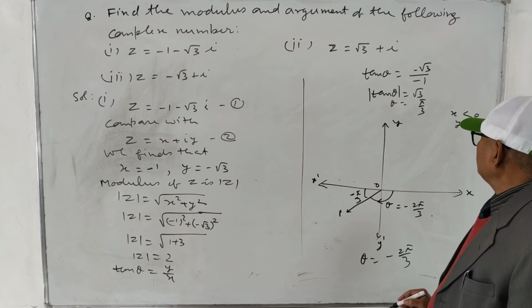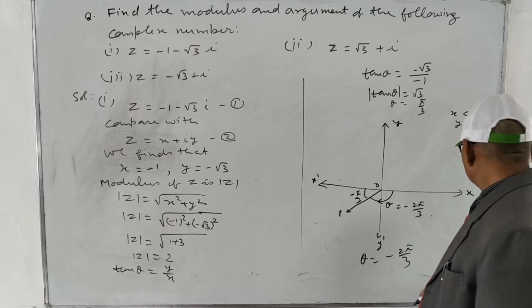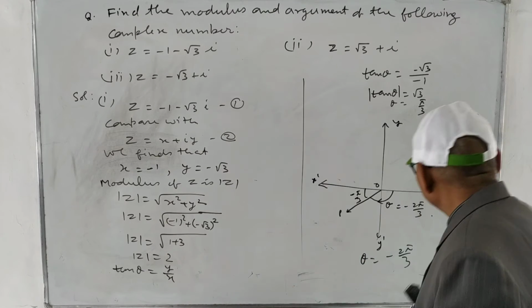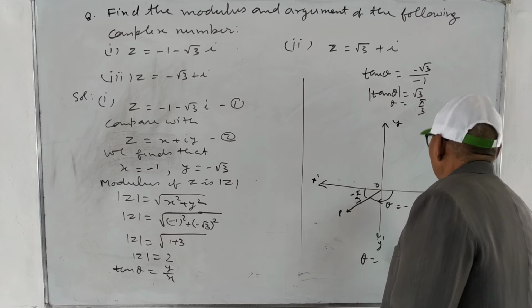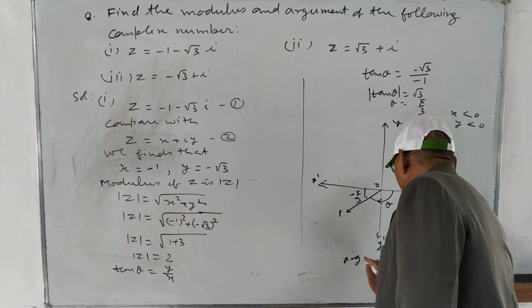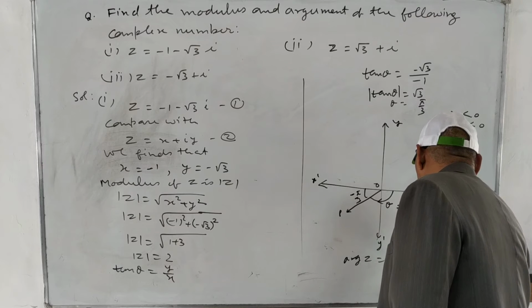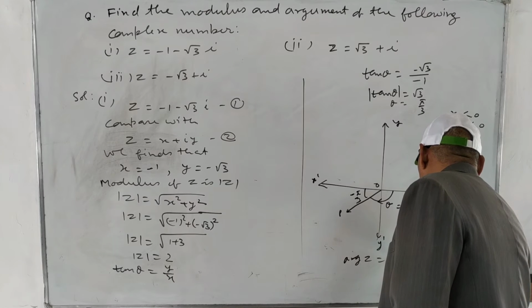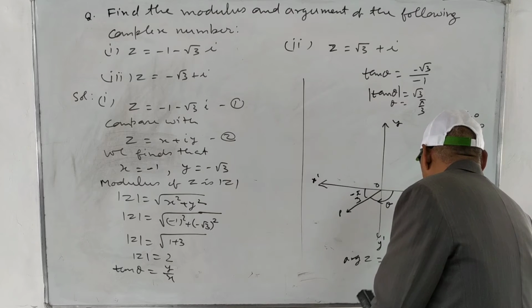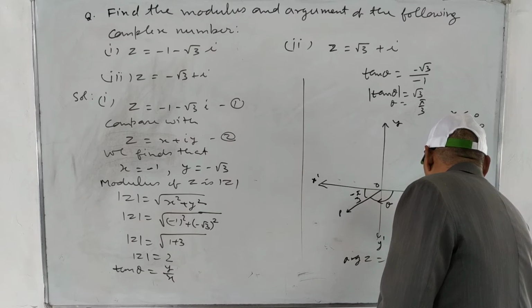Finally, your theta is minus (pi minus theta). Your argument of z, this is theta. Your argument of z is equal to minus (pi minus theta).